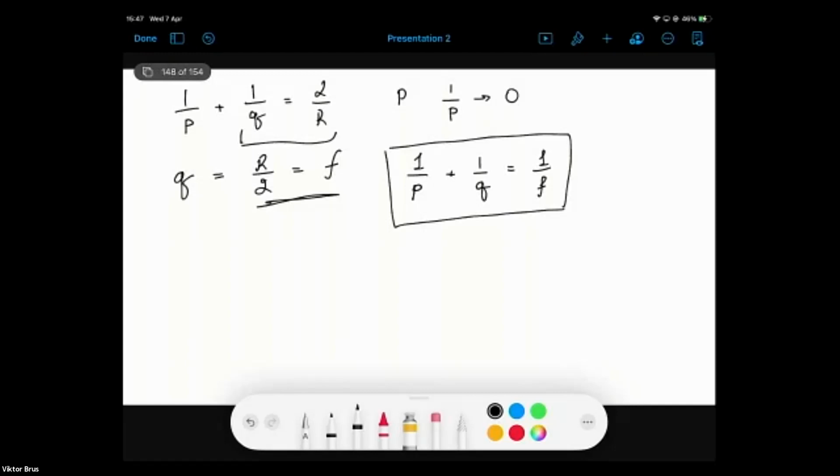I mentioned that it is necessary to have two rays in order to build the image of an object. However, usually it's good to use three rays, and with two we build the image, and with the third ray we double check if everything was done correctly. So-called ray diagrams.